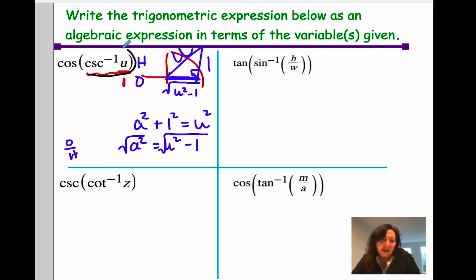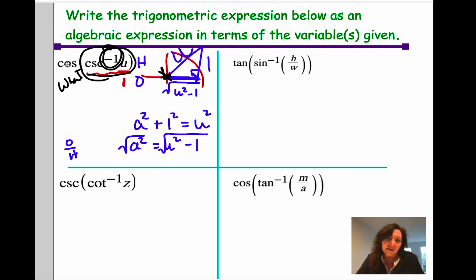So now you're here. So the question says, where is cosecant u? Here. This is where it's at, right here. So then the next question says, what if it doesn't have a negative 1? This thing, if it's not an inverse, it's saying what? That you want an exact value, right? As much as you can get with variables.